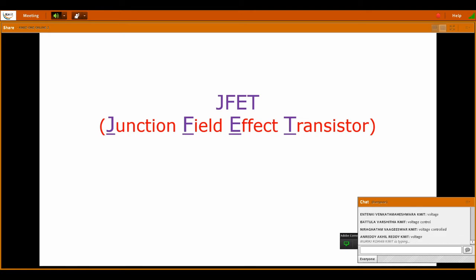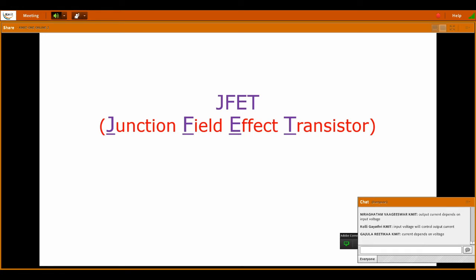Because the output current depends on the input voltage, or the output current can be controlled by the input voltage. Yes, very good.